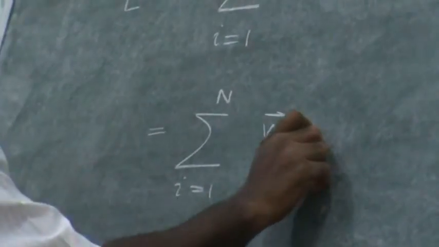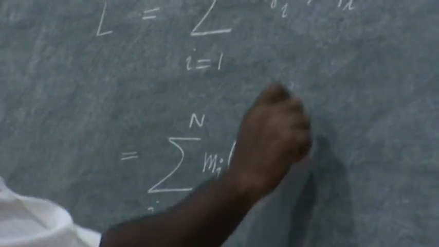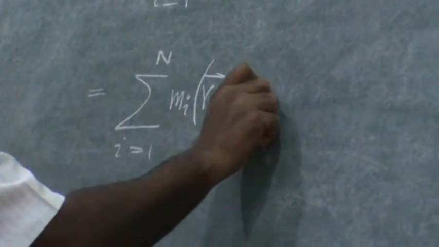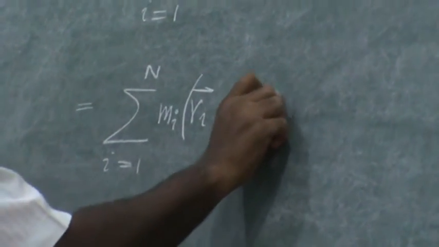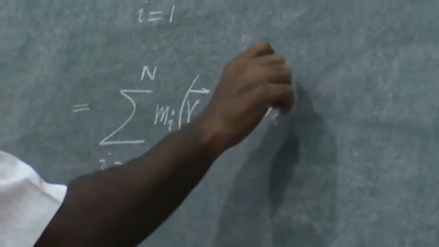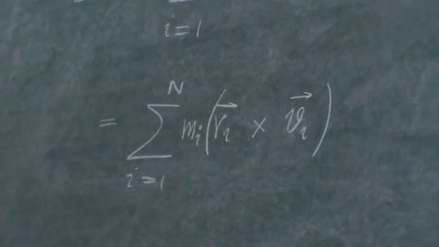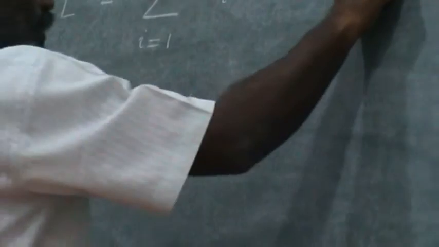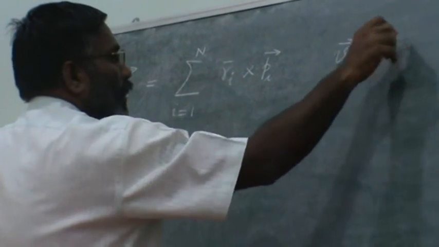You can write it as mass of each particle times Vi. But if something is rotating about an angular velocity, then your Vi can be written as omega cross Ri.